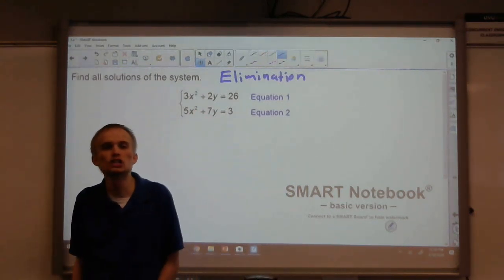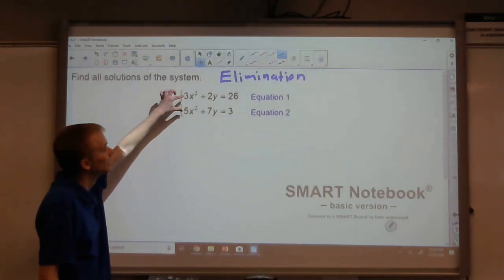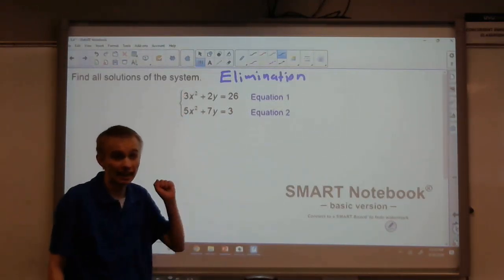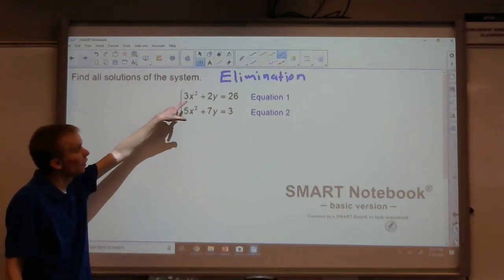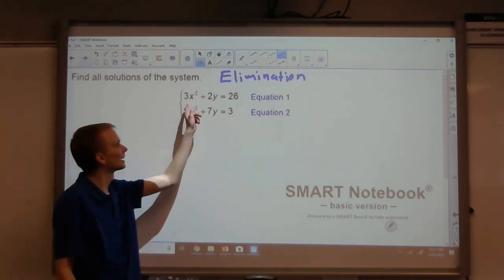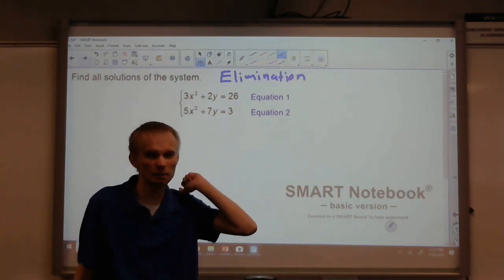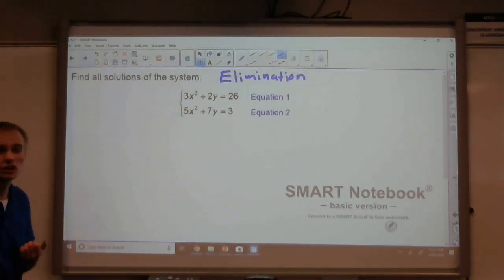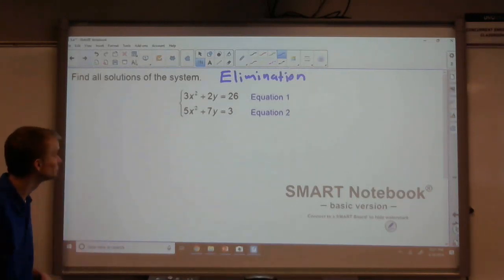So it won't get too messy when I try and combine these equations together to get a new equation, right? But if I don't have the same like x squared and y here, like if they don't really line up very well, the equations, you probably want to go with substitution, okay?